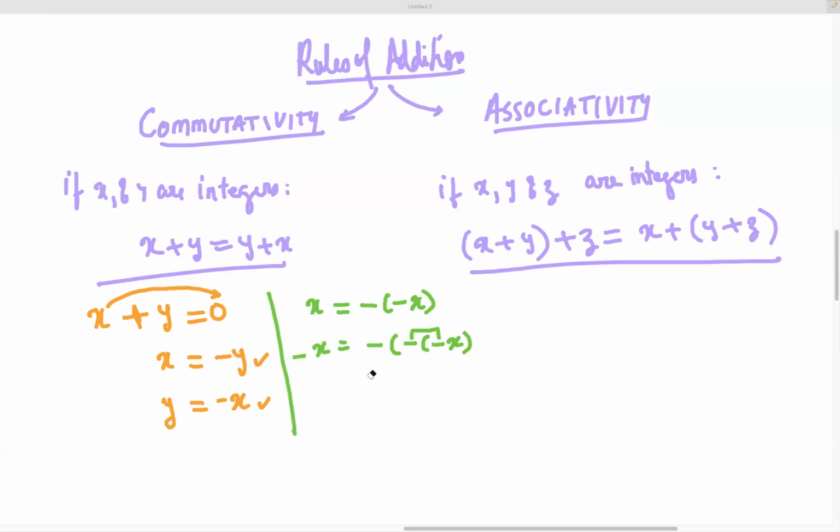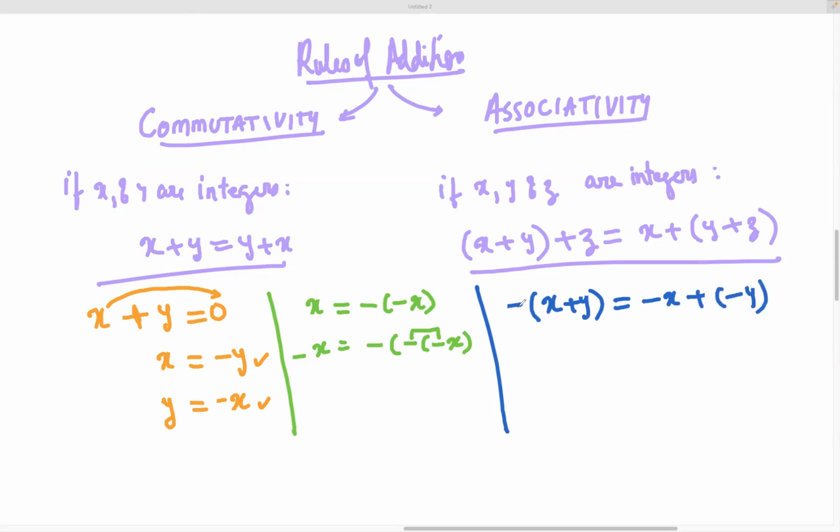Again, what we are saying here is as follows. If we have x and y that are integers, then we could also say this: minus of x plus y is equal to minus x plus minus y.